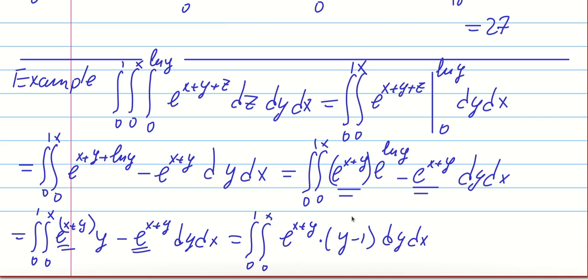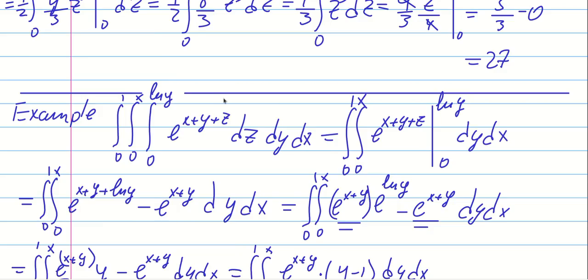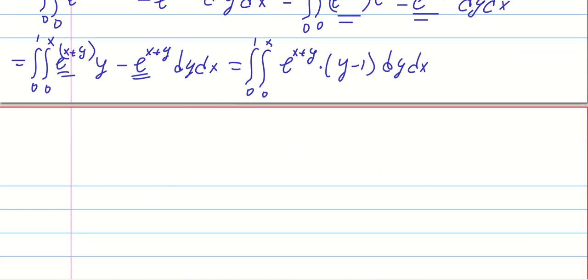So we need to calculate this integral, which is not really easy to do, so we're going to do integration by parts. We'll do it on the side: e to the x plus y times y minus 1 dy.